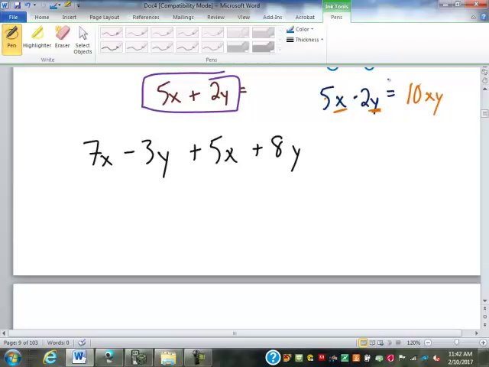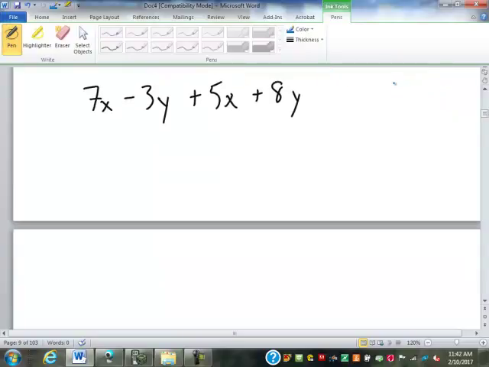However, if we look more closely, we see that there are some that are the same. We have 7x. What can we combine that with? The 5x. And now when we're dealing with something like this, the operation here goes with the number that comes after it. So this plus here is saying that's a positive 5x.